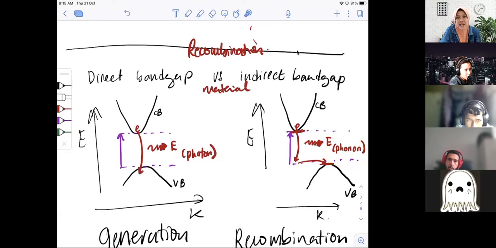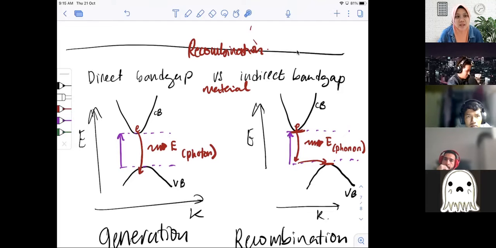Photon is light, L-I-G-H-T. Photon is light in terms of particle. You learned in A-level, O-level, SPM that you can view light as a wave, but light can also behave like a particle. Whenever light behaves like a particle, we call it photon.